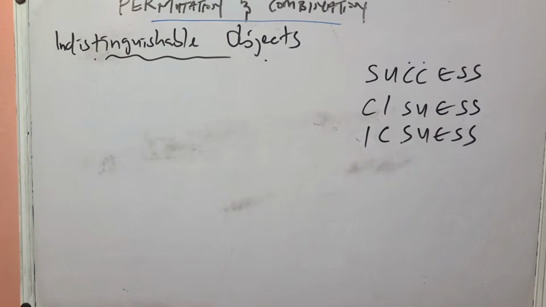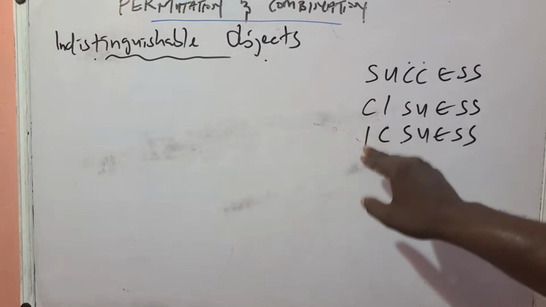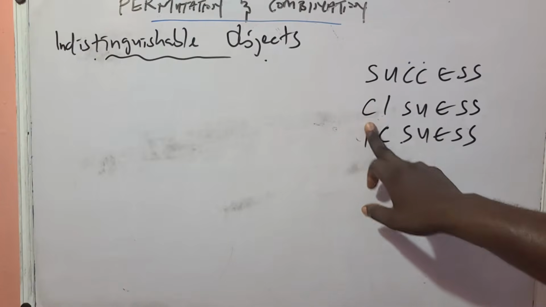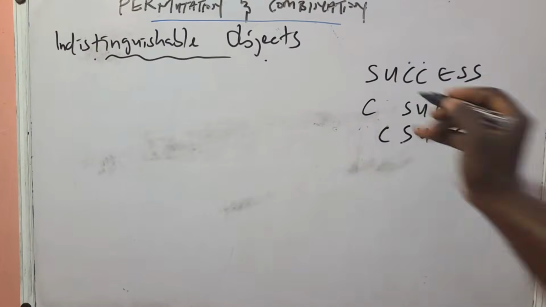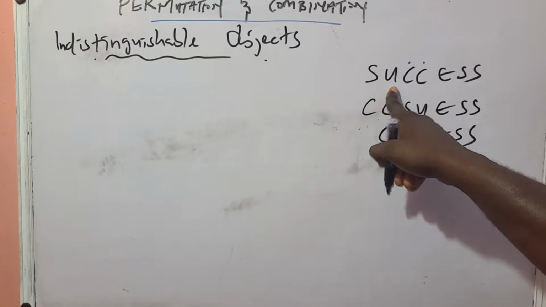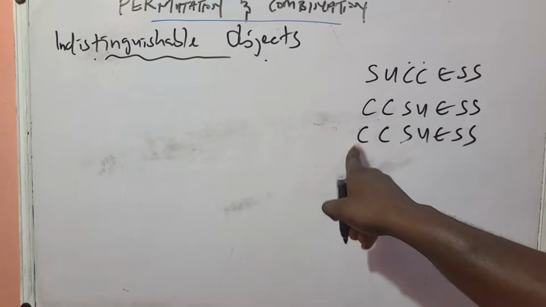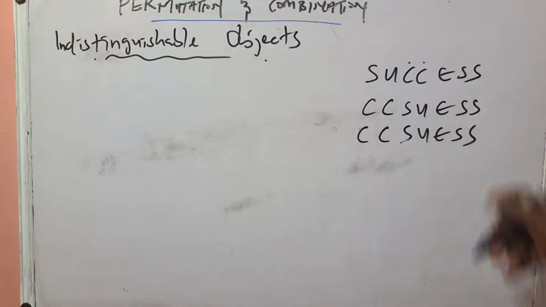Now, imagine these two were not the same thing. This would have been a different permutation. But now, I have a C here. Let's say this was first C, second C. Now, this is second C I'm trying to write here. This is first C. These two things are the same permutation. Can you see that?